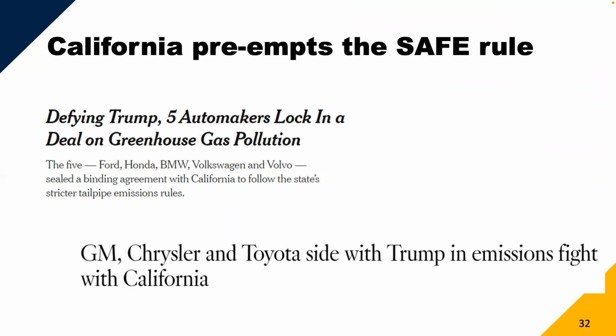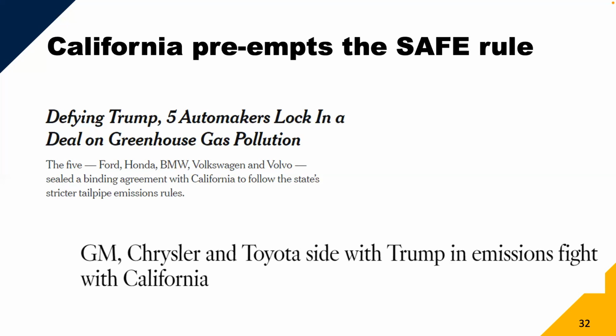And the idea was that, okay, Trump is going to deny California the waiver, which means that California wouldn't have standing to do this. So they actually preempted this, knowing this would happen, and they went directly to the automakers and said, will you guys voluntarily comply with whatever rules we come up with?